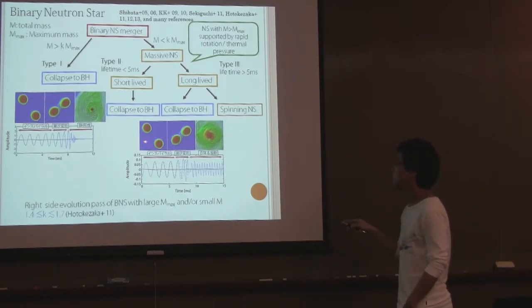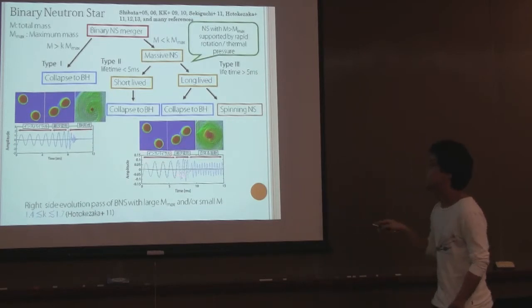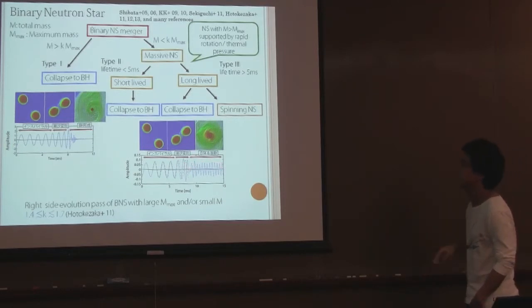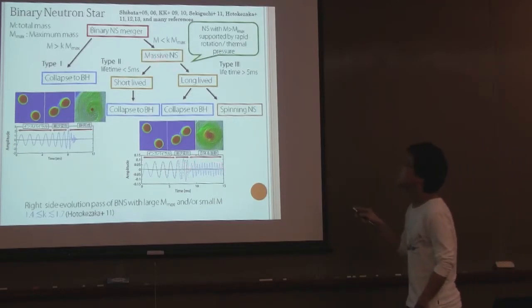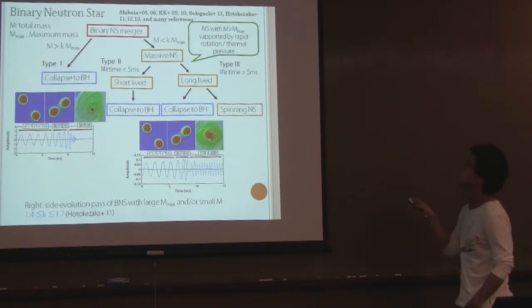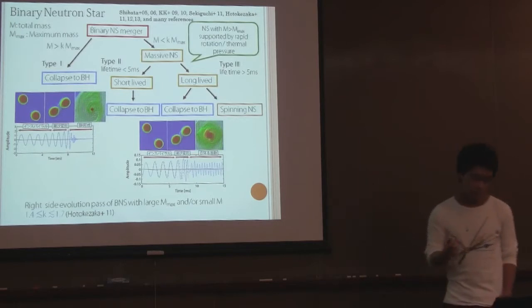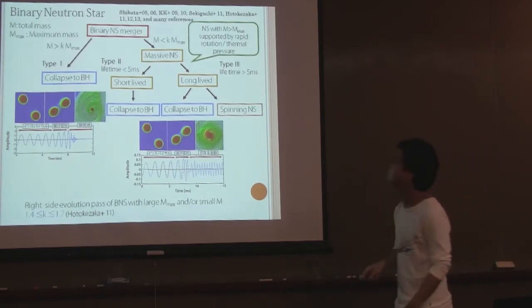Before the merger, things are the same as in the type 1 case, and the difference appears after the formation of the massive neutron star, because this massive neutron star gradually contracts as the gravitational waves carry away angular momentum from the system.